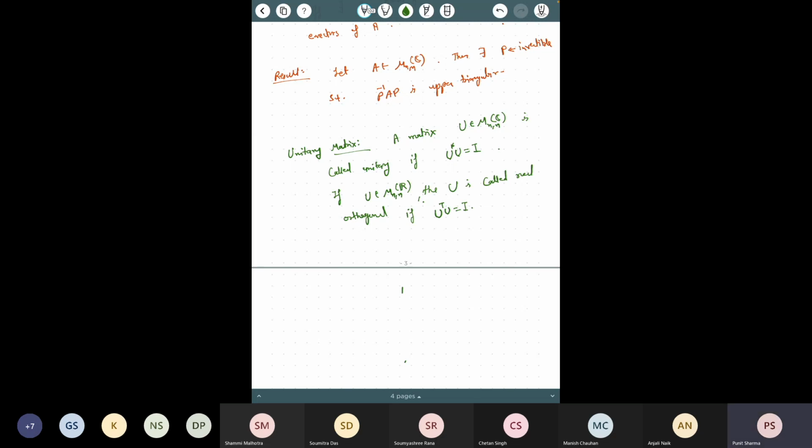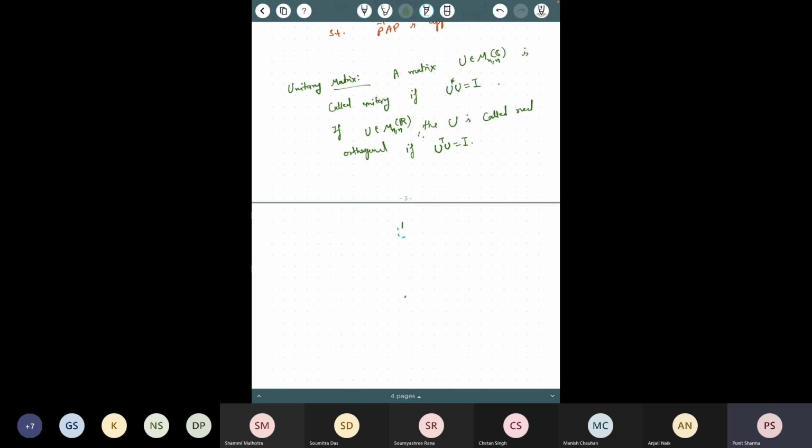It's the same thing. So if the field is the field of complex numbers, then it is called unitary. Otherwise, it is called real orthogonal.